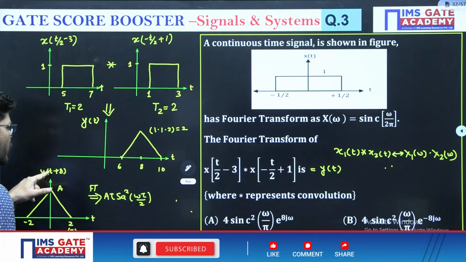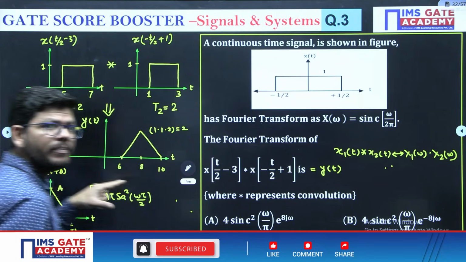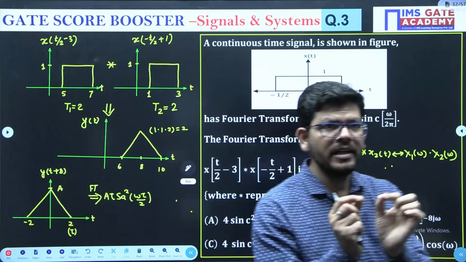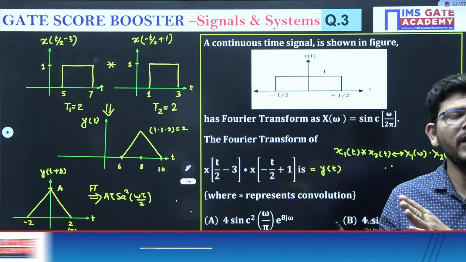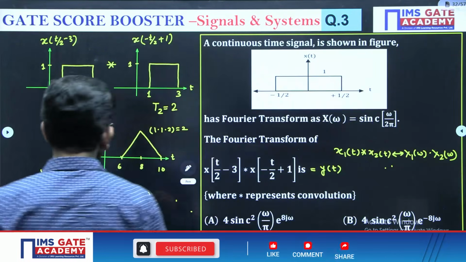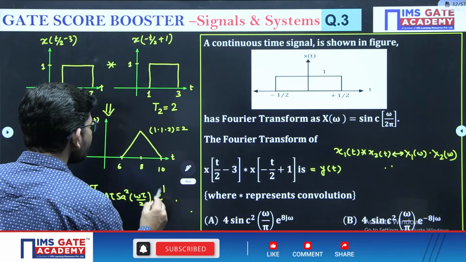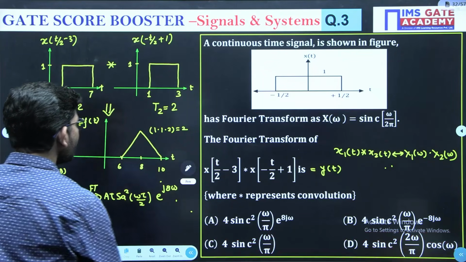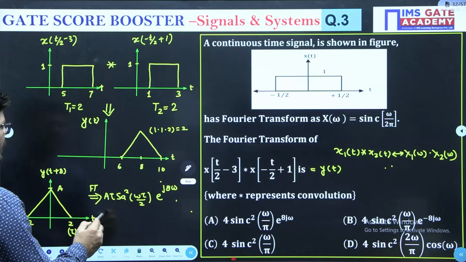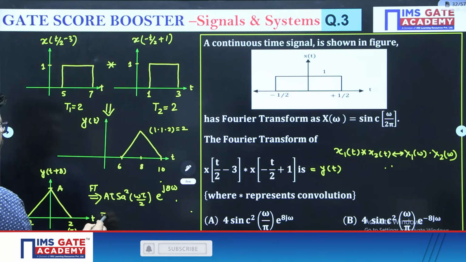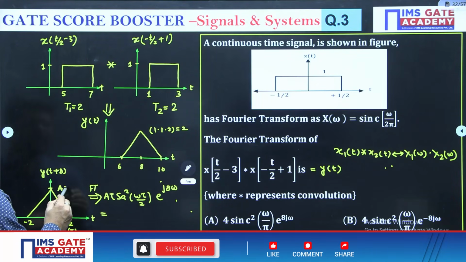And because you are taking the Fourier transform of y(t+8), you are doing a shift. So in the Fourier transform, how will the shifting come? It will come in terms of an exponential, so e to the power j 8 omega will also come. Now what is the value of A into tau? See, A value is 2, tau value is also 2.